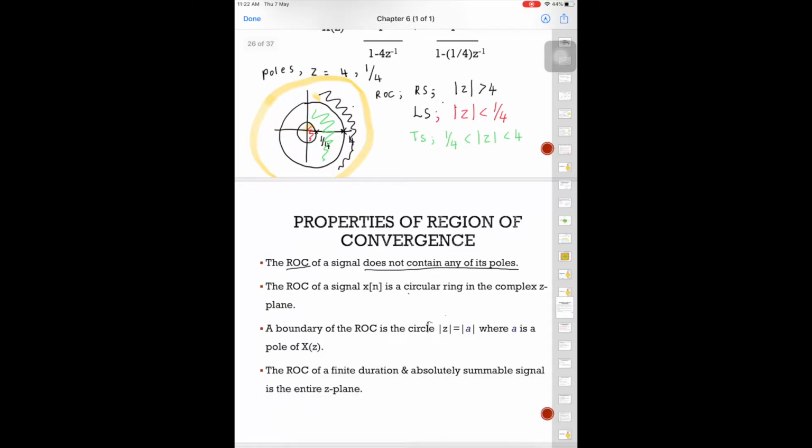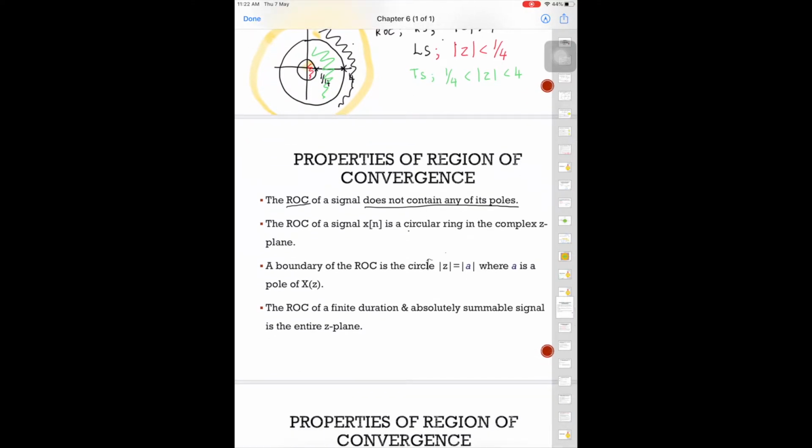Next, the boundary of the ROC is the circle modulus z equal to modulus a, where a is a pole of X(z). Meaning that, just now I mentioned that for the ROC we just consider the positive side.